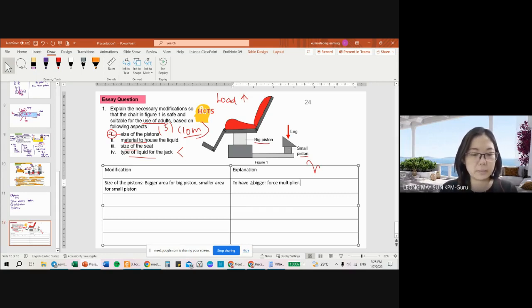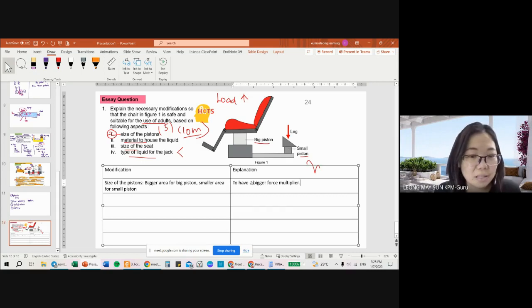Next, material. Material to house the liquid. Okay, so this is actually a dentist chair modification. We can consider it as a dentist chair, but it doesn't need to be related to heat. So please don't say that it is heat resistant.